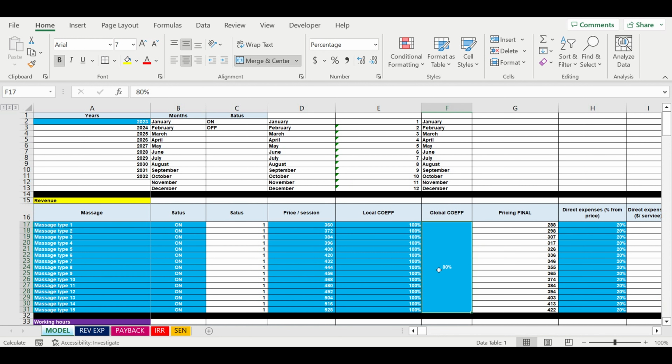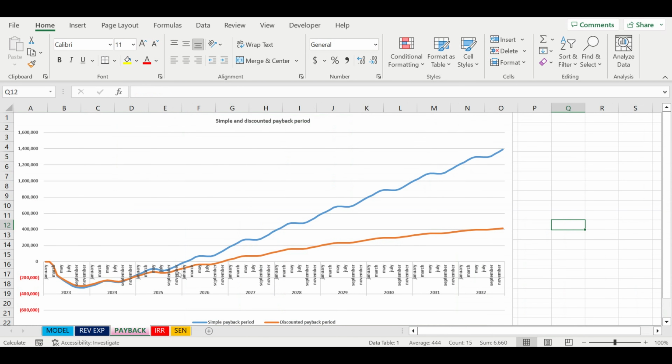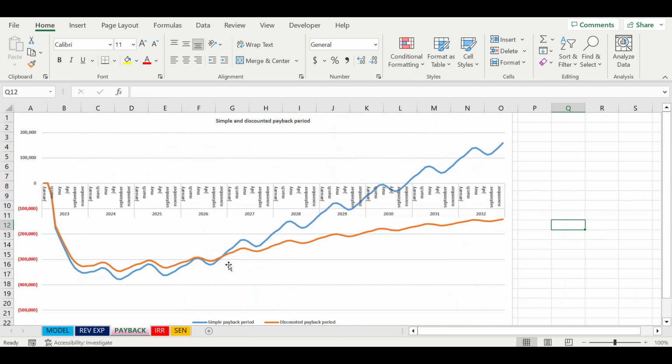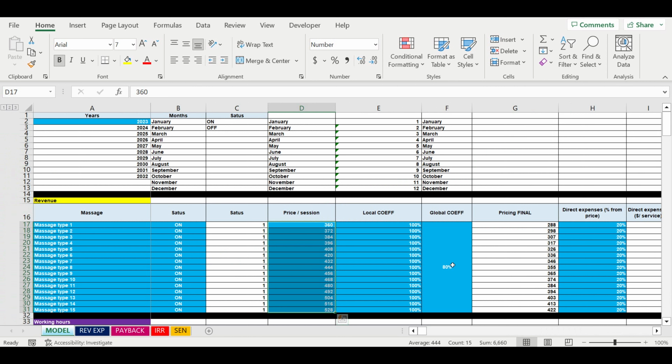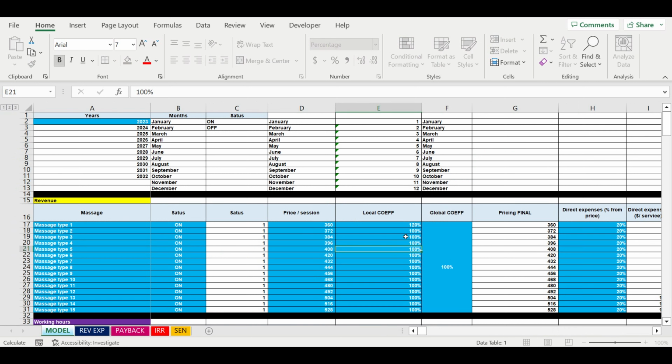So I'm using these coefficients instead of playing with the inputs themselves. I'm going back here and seeing how stable my business idea is when I play with this coefficient. Or I can play with a local coefficient. For example, I would like to increase these prices by 20% and take 70% of these prices.